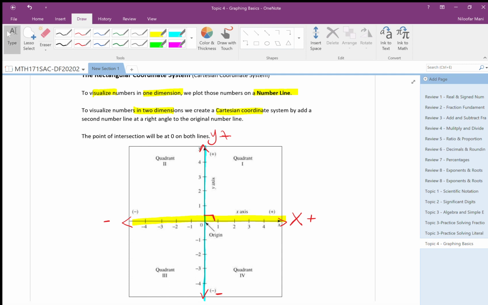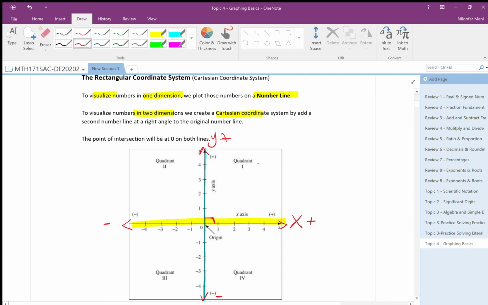So this is called quadrant 1, this is called quadrant 2, this is called quadrant 3, and this is called quadrant 4. So we go this way. That's just an agreement. We start from here in this area, and then we go this way when we want to count.